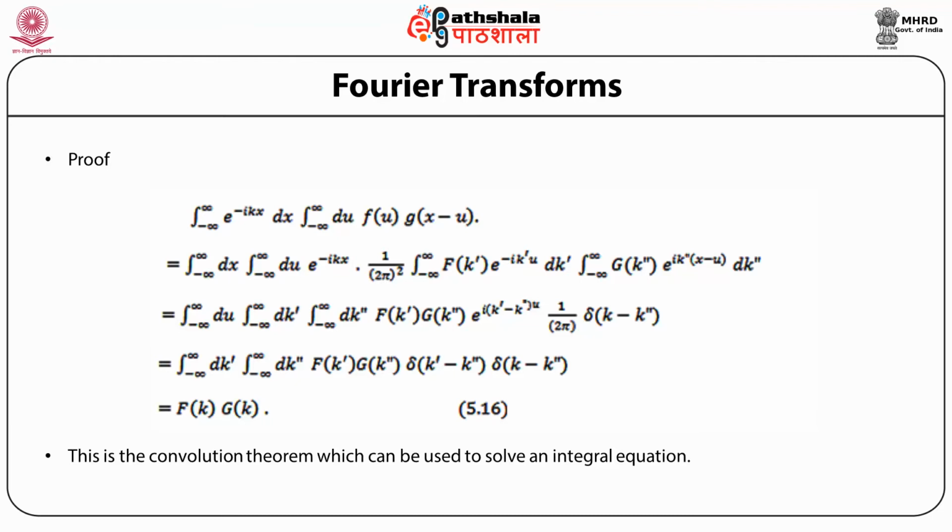The integral over u of this gives us nothing but a delta function. So the original integral is then the integral from minus infinity to infinity dk' dk'', f(k') g(k''), delta(k' minus k''), delta(k minus k'').